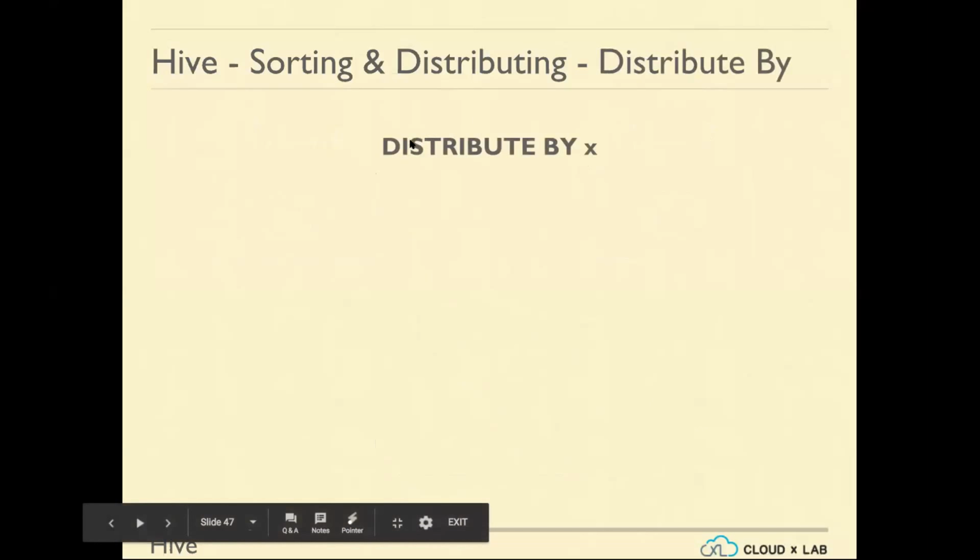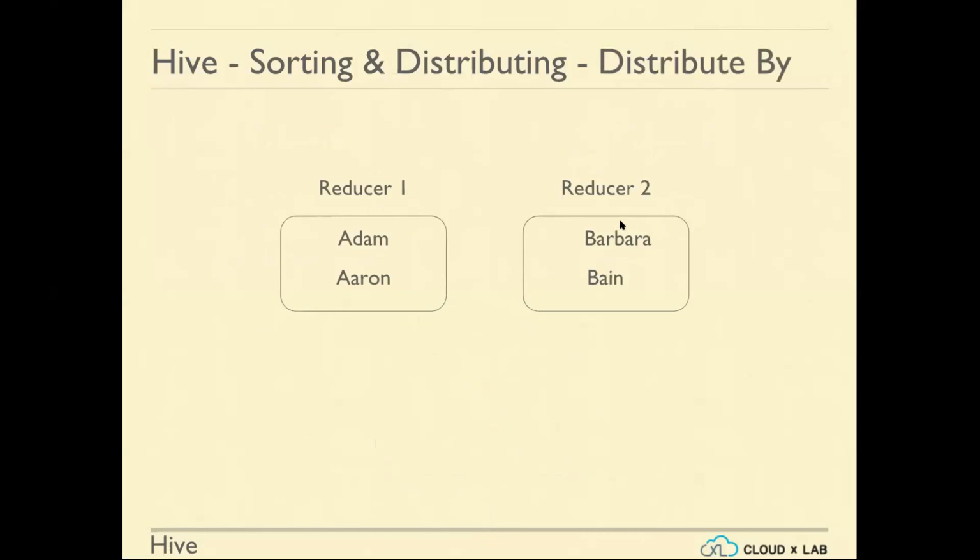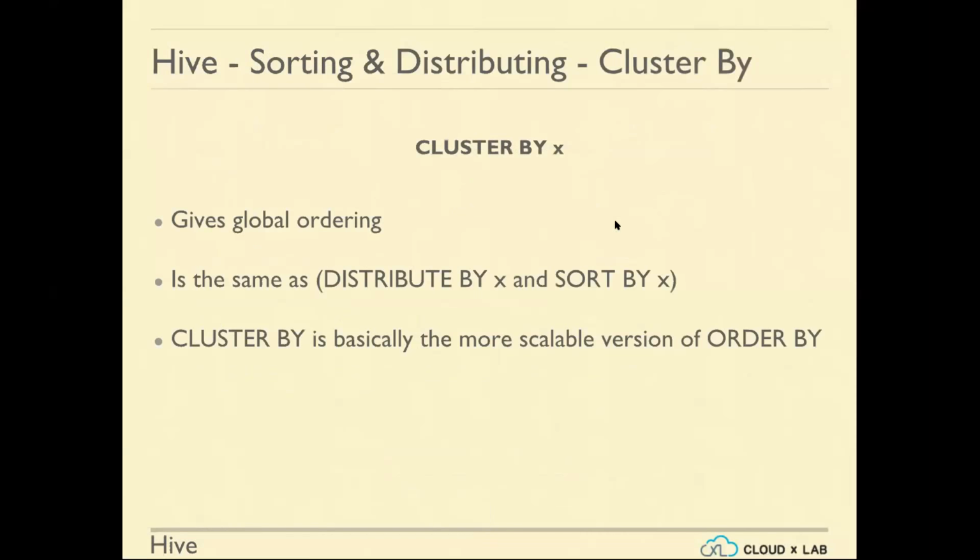Therefore, the idea of distribute by X came into the picture, whereby we have n reducers. In summary, in simple words, the idea is to use cluster by X when you want to sort data which is really humongous, or group by data which is really humongous. Instead of sort by, you generally use cluster by because it has a global sorting order.